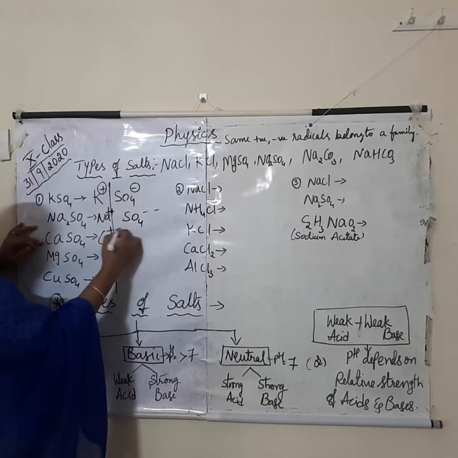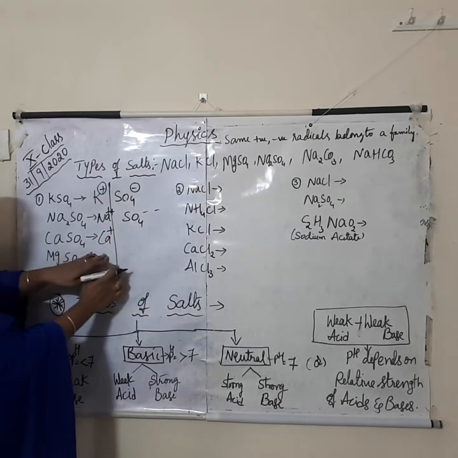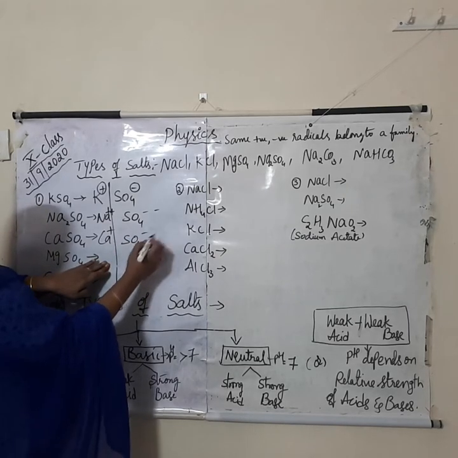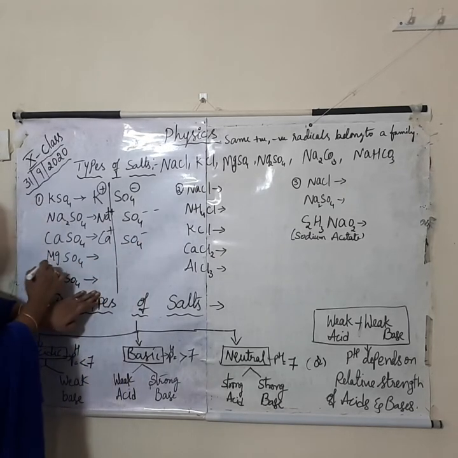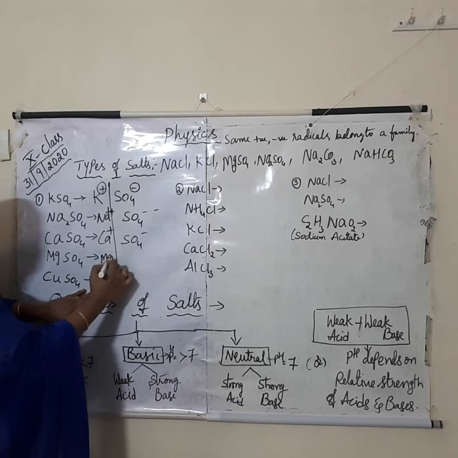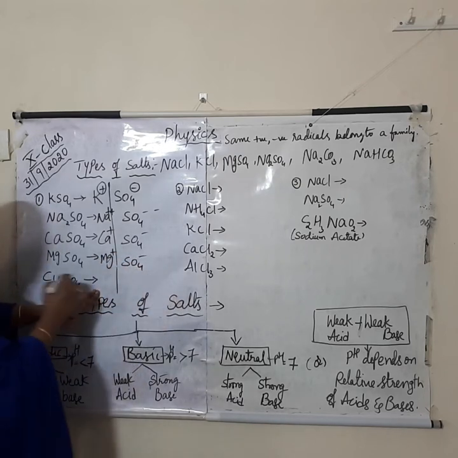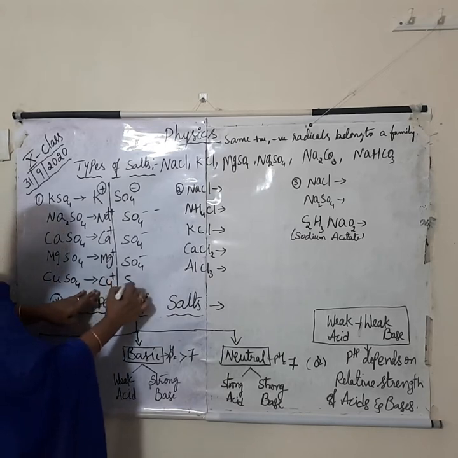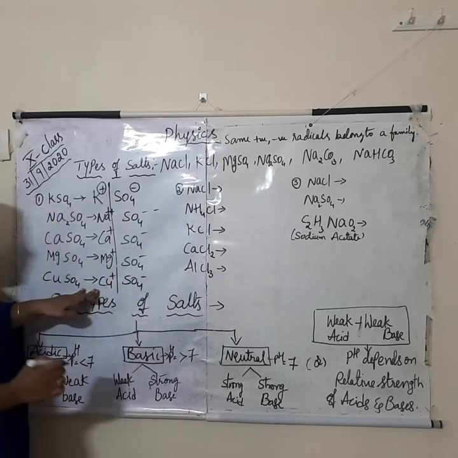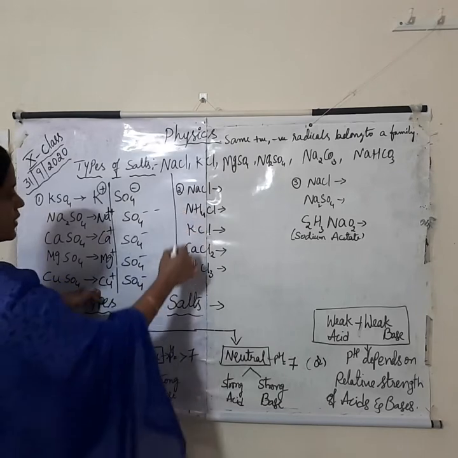Then calcium sulfate, Ca plus and SO4 minus. Next, magnesium sulfate, Mg plus and SO4 minus. Copper sulfate, Cu plus and SO4 minus ion. So we'll keep it like this.